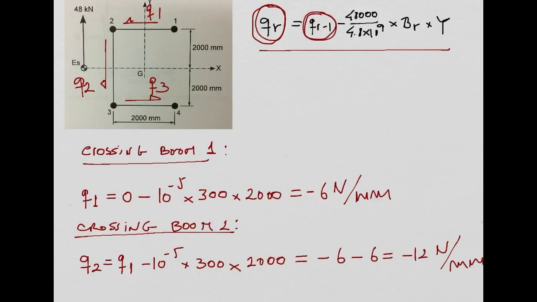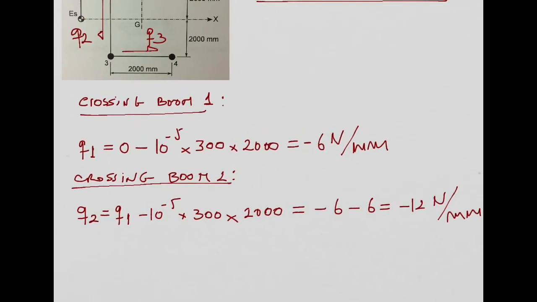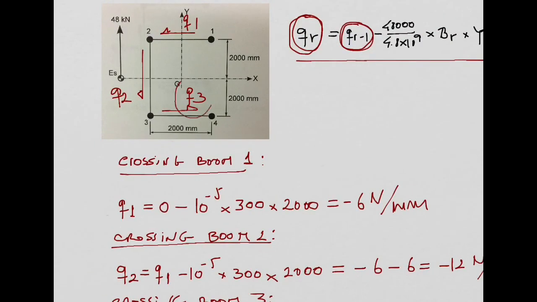And now the last step is crossing boom number 3. So the shear flow leaving boom 3 is Q3. The shear flow arriving at boom 3 is Q2.